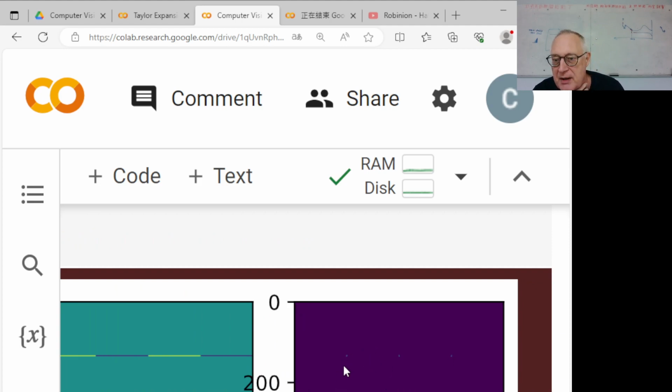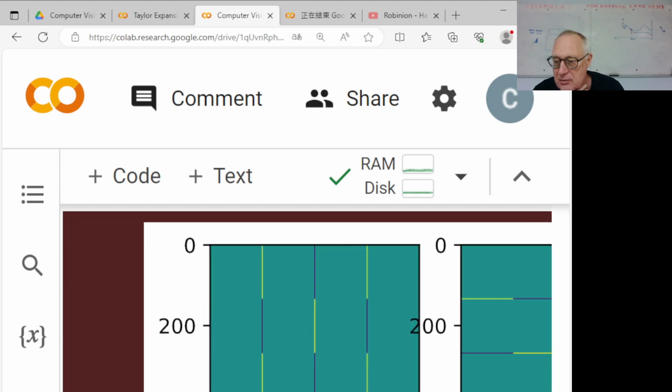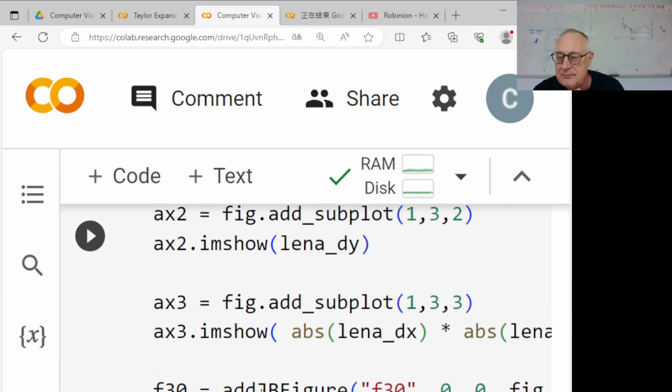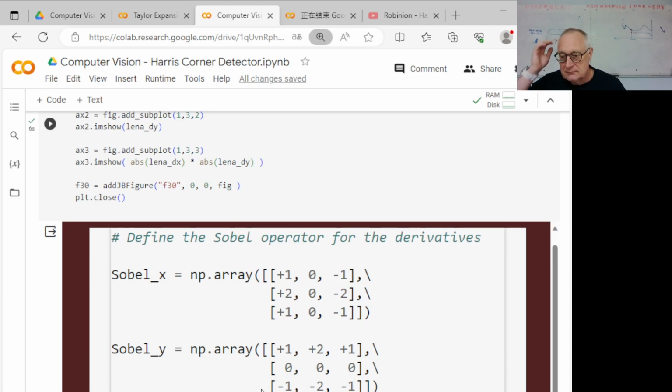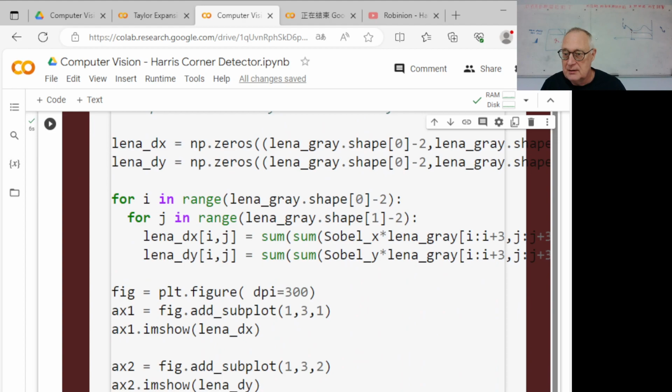I mean, for the grid pattern it works very well. I need to make that picture larger though. Let's try that one again with the square.